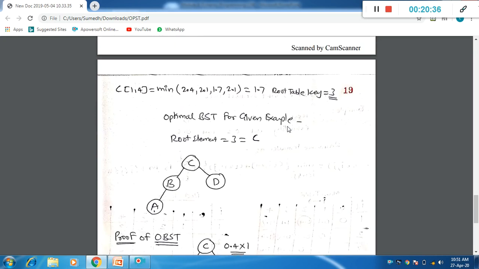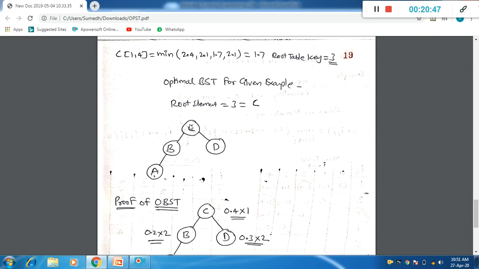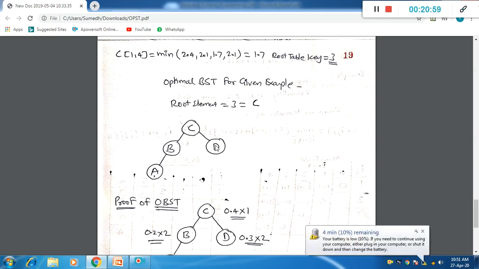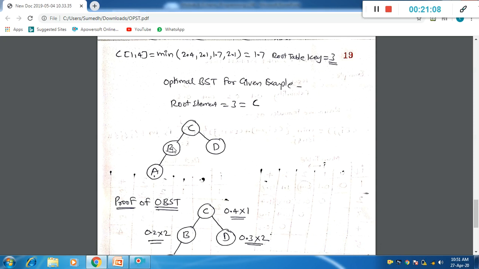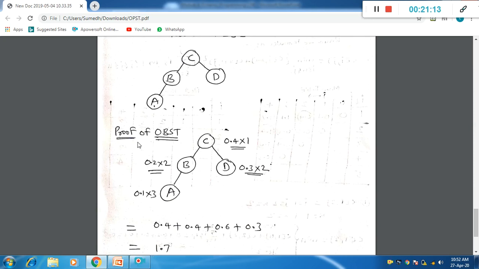Then here you can generate the optimal binary search tree for the given example by considering root element as 3, and 3 is nothing but the character C. Then using C as the root element, you will get the optimal binary search tree like this, that is C, then its left subtree as B, because B is less than C, and its right subtree is D. Similarly, the left subtree for the node B is A, and this is an optimal binary search tree for this given example.